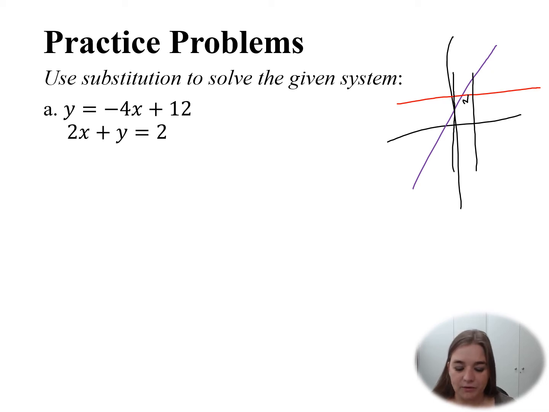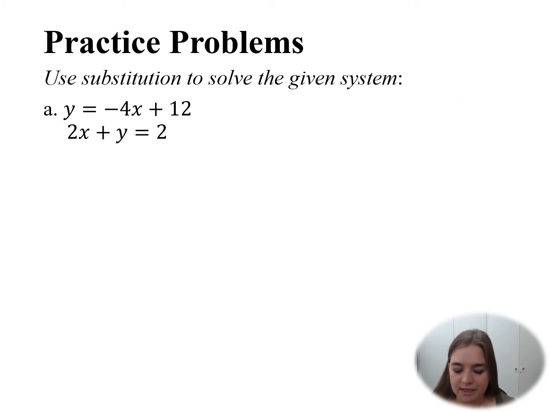And graphing is useful, estimations are useful, but in general we want exact answers, and so substitution will work every single time to give us an exact answer, even if our x or y values are non-integers. We can also use substitution when graphing would be impractical because our slopes or our intercepts are really big or really small, or we have giant or tiny numbers.